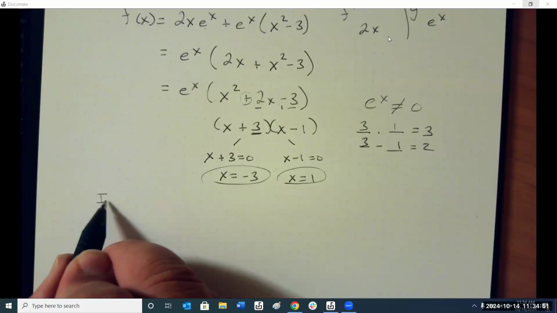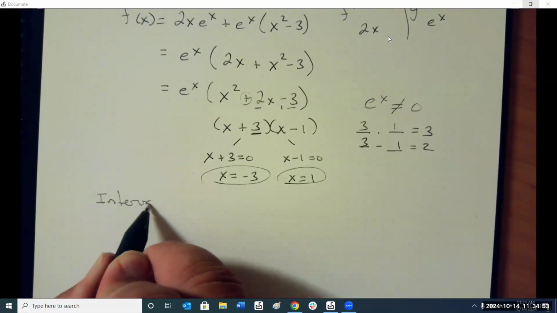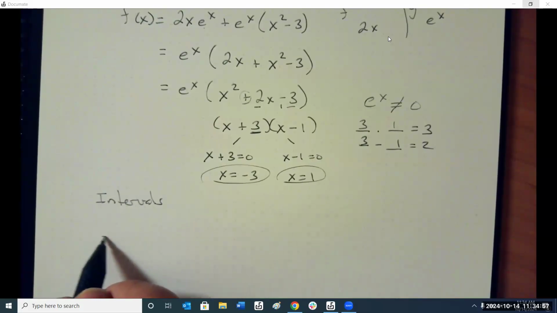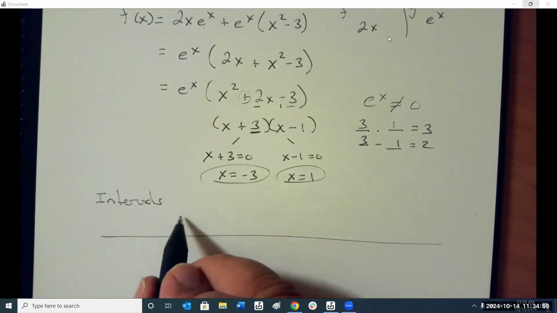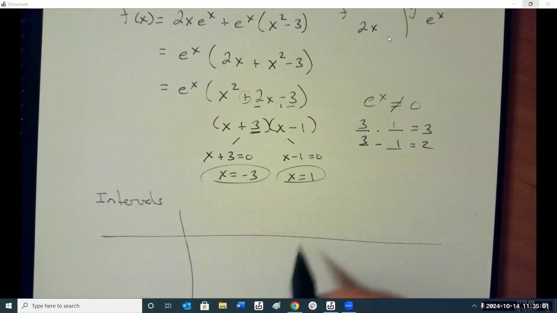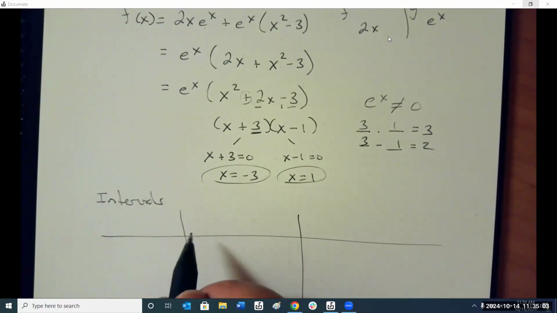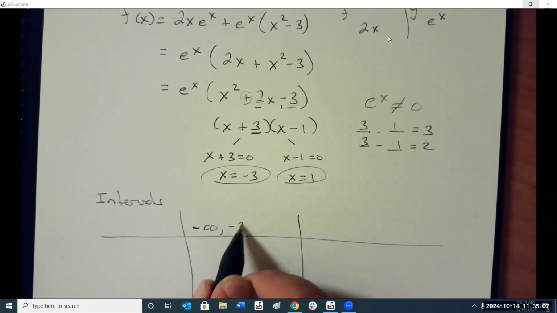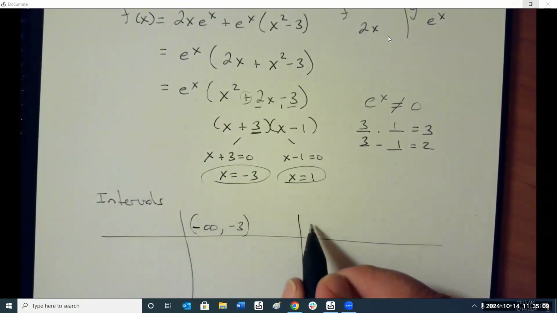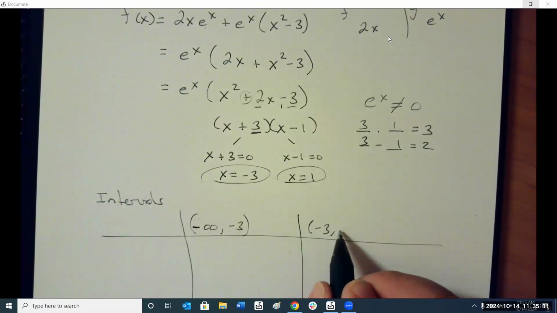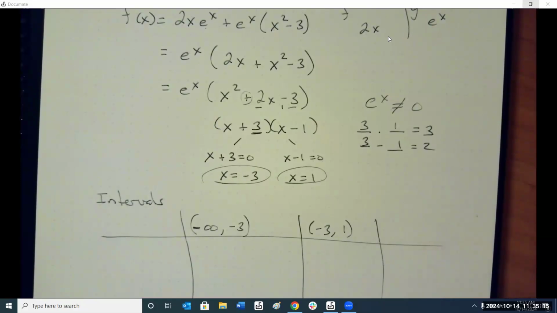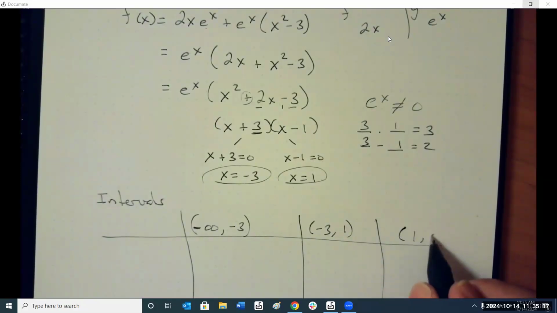So let's look at the intervals we're looking at. We're going from negative infinity to negative 3, negative 3 to 1, and then from 1 to positive infinity.